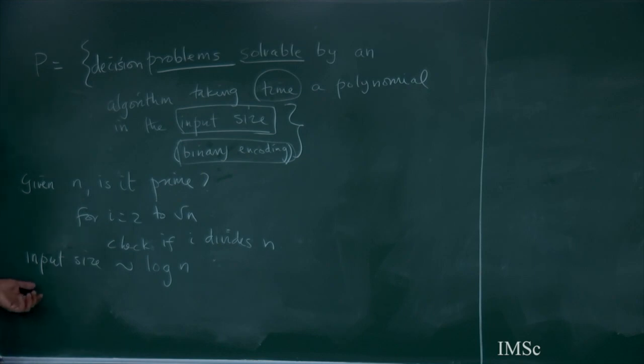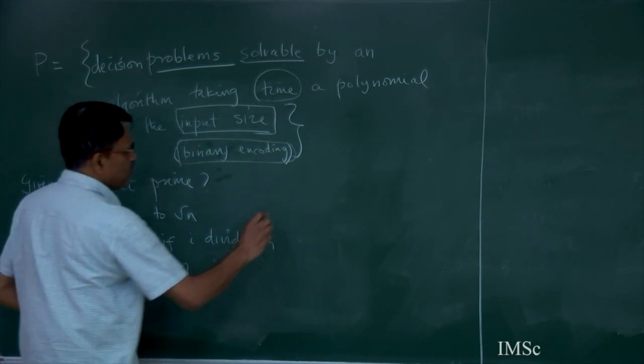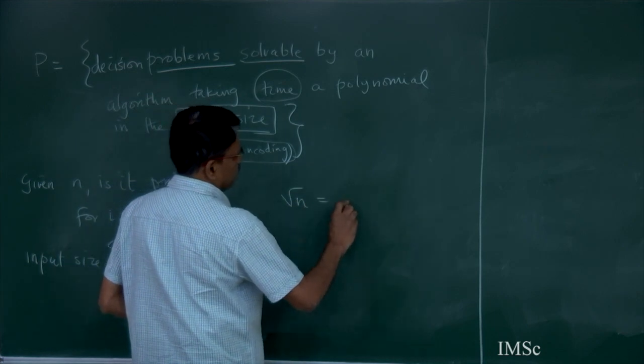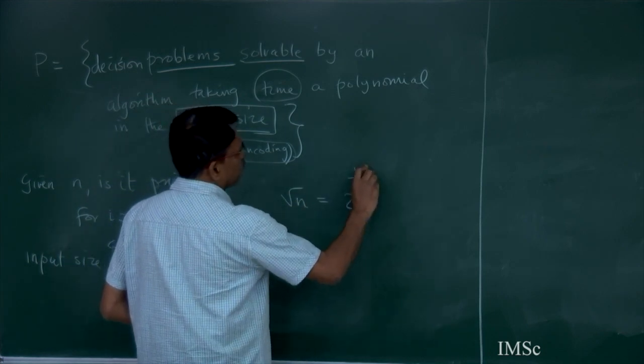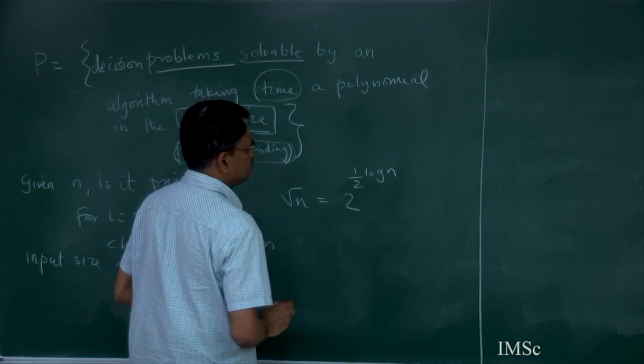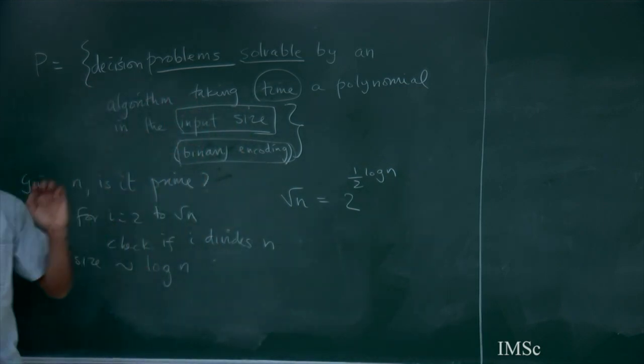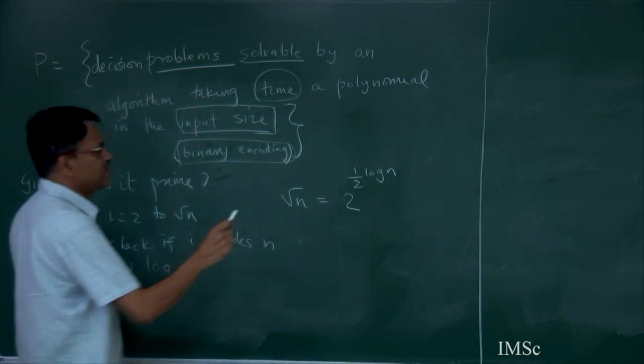So I want an algorithm which is polynomial in log n, so that I can put this problem in P. Okay, but square root of n, is it polynomial in log n? Square root of n is actually 2 power half log n, right? So it's exponential in your input size.